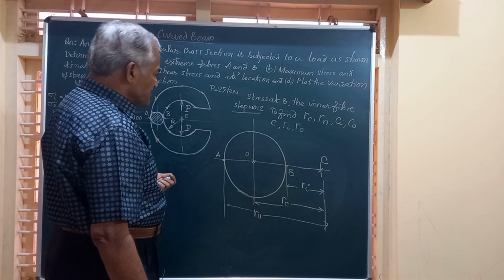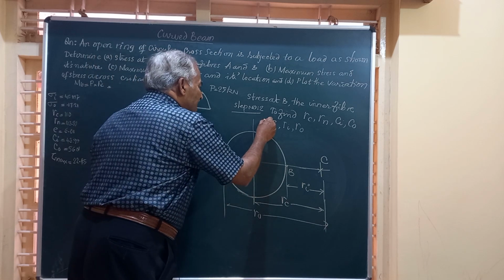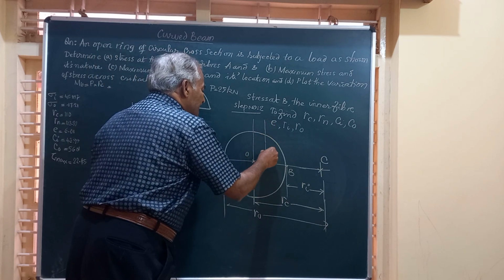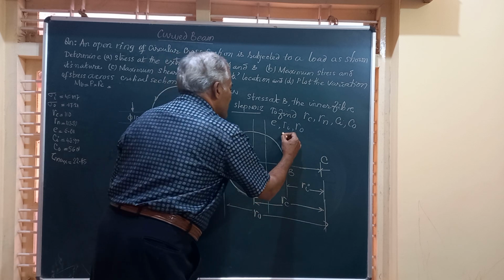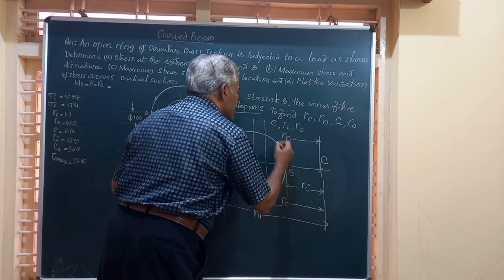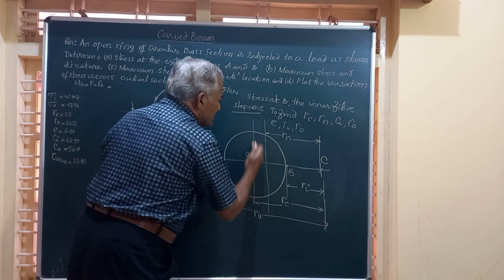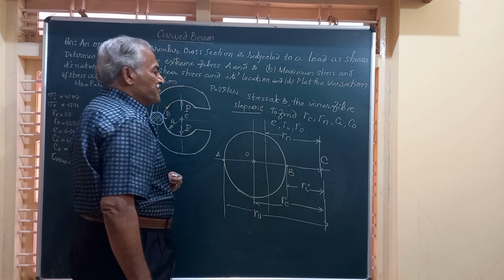Then there is a line or an axis called the neutral axis, which I call Rn. Rn is the neutral axis, which is a little interior, a little lesser than this RC.